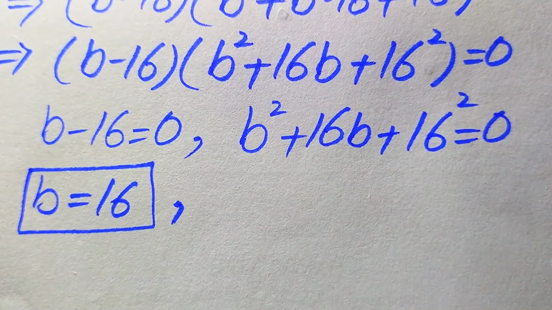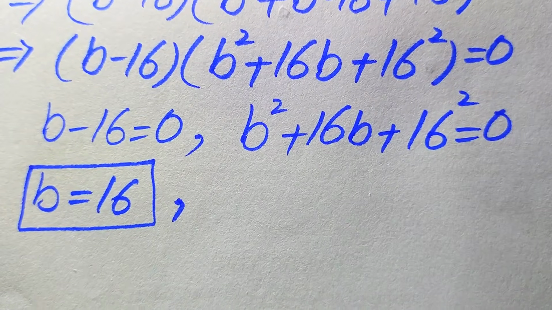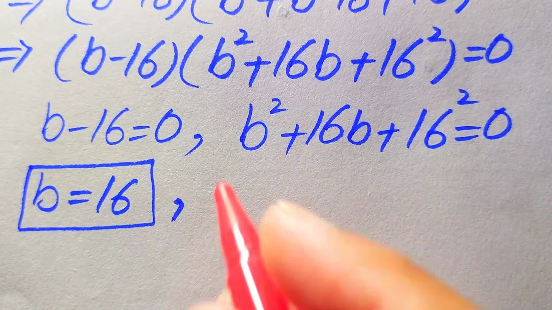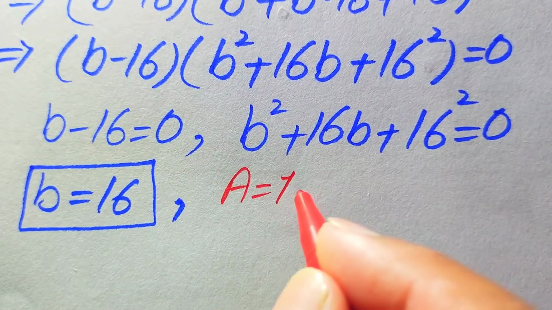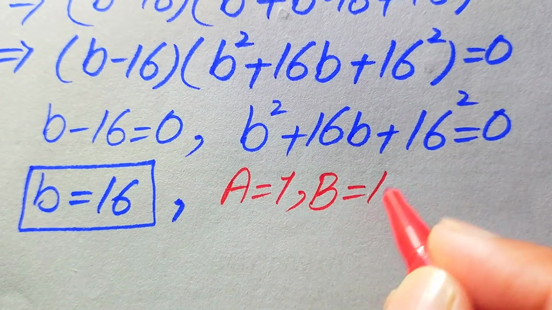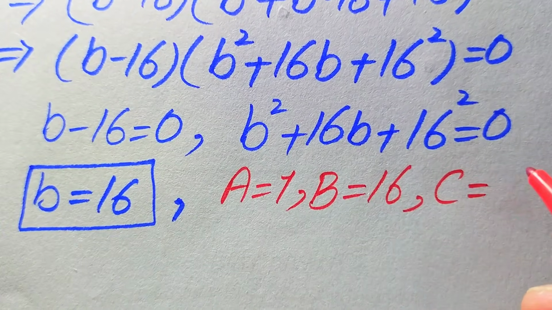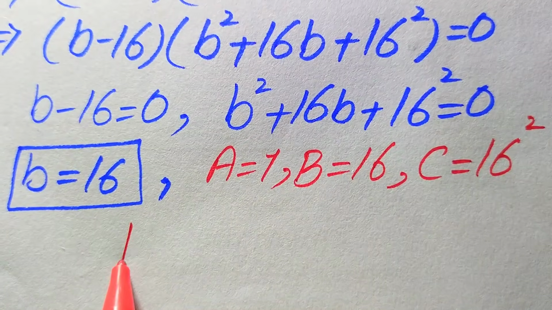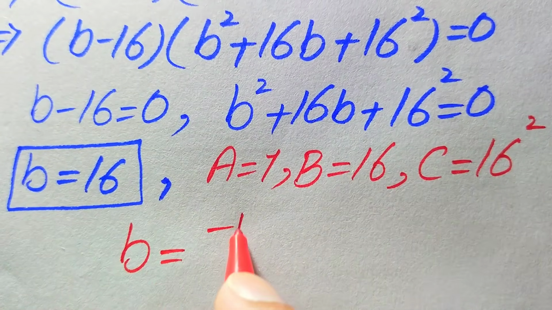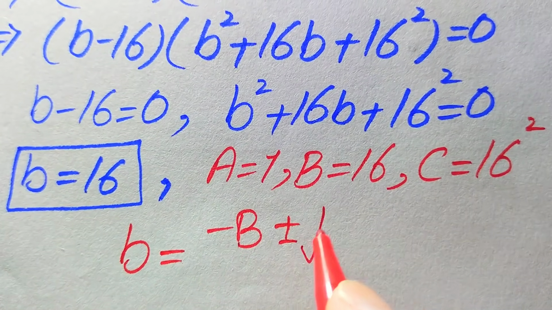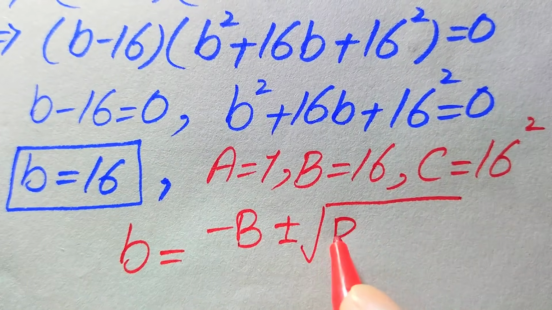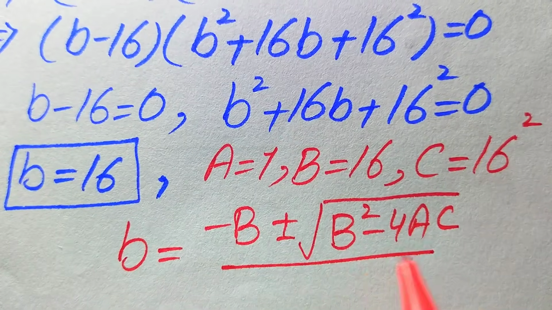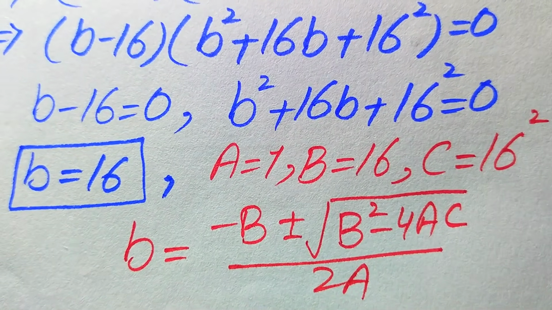First we write the coefficients of this equation: capital A is equal to 1, capital B is equal to 16, and capital C is equal to 16 squared. We state the quadratic formula as b is equal to minus capital B plus minus square root of B squared minus 4AC, divided by 2A.